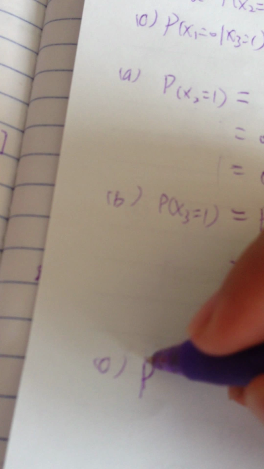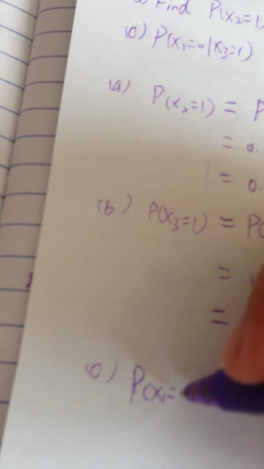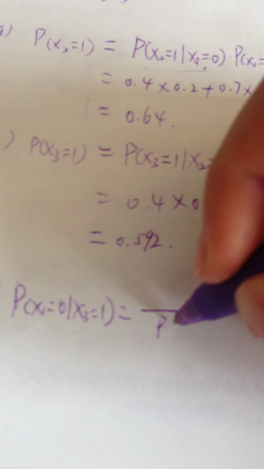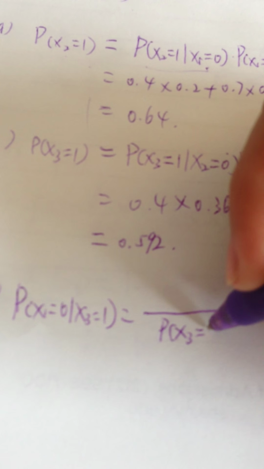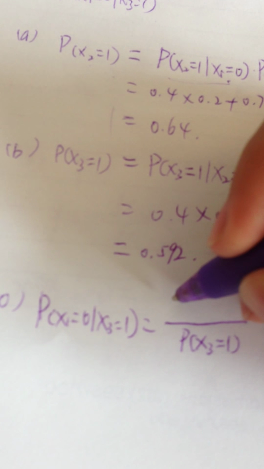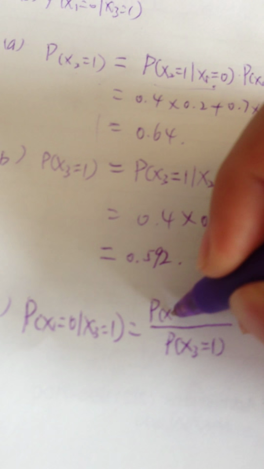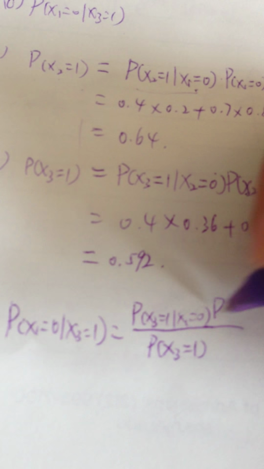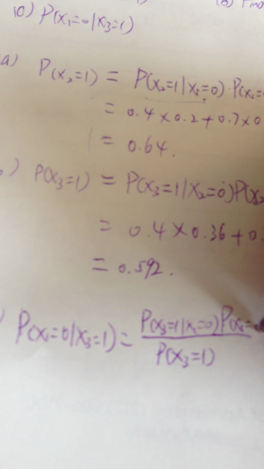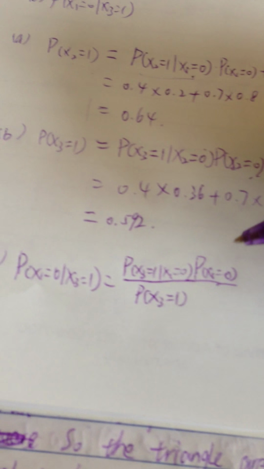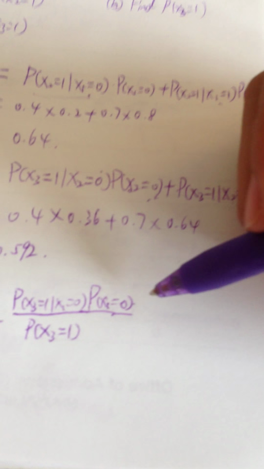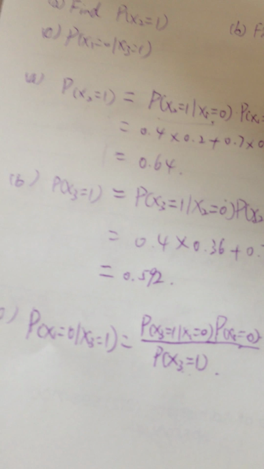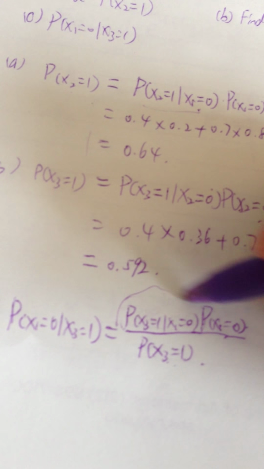According to the Bayes formula, we get the probability of x3 equals 1 given x1 equals 0, multiplied by the probability of x1 equals 0, divided by the probability of x3 equals 1. We already know the probability of x1 equals 0 and the probability of x3 equals 1, so if we know this item, we get the answer.